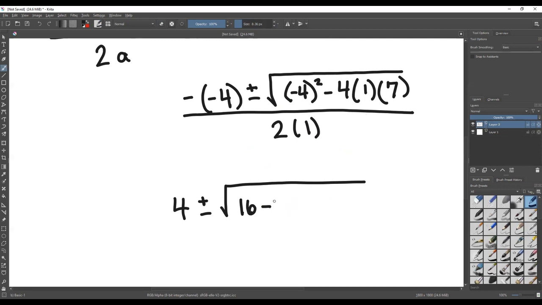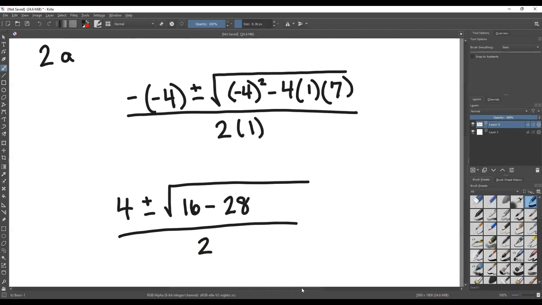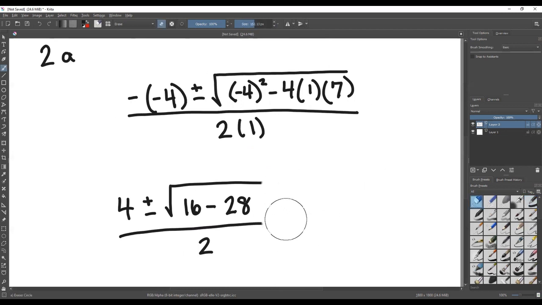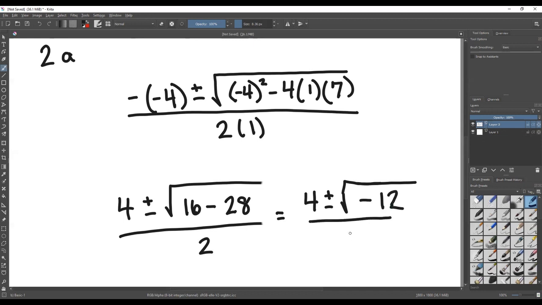So we have 16 minus 28, all over 2 times 1, which is 2. This will then equal 4 plus or minus the square root. What is 16 minus 28? Well, it's -12, over 2.